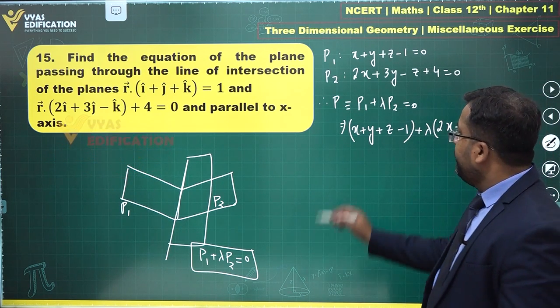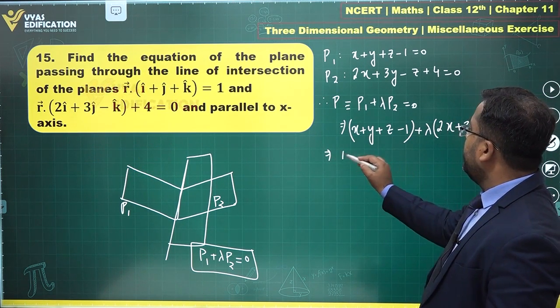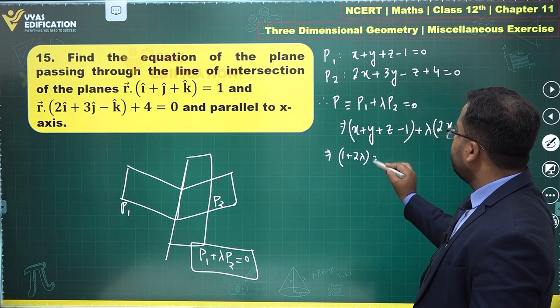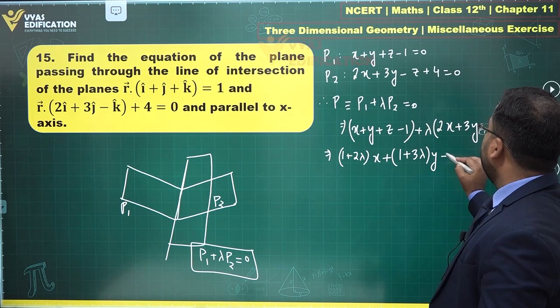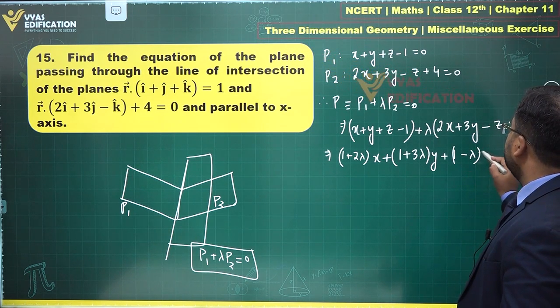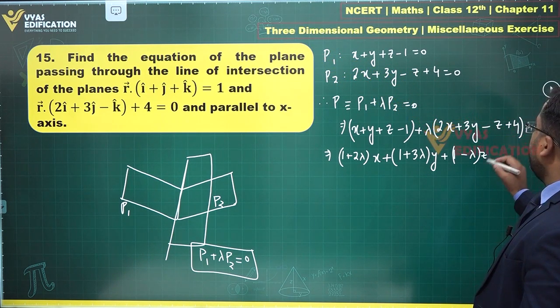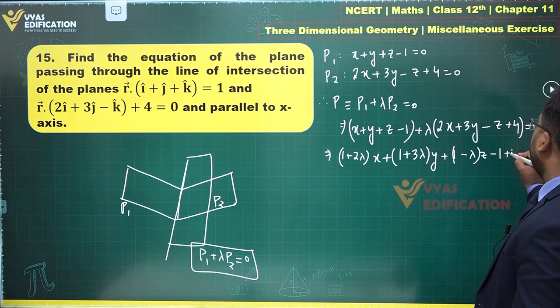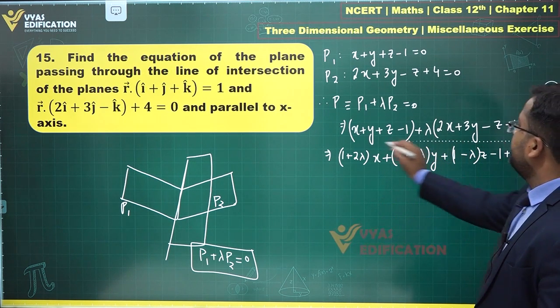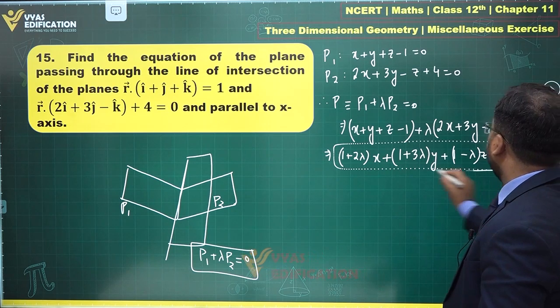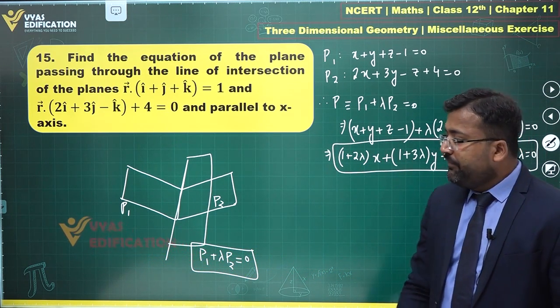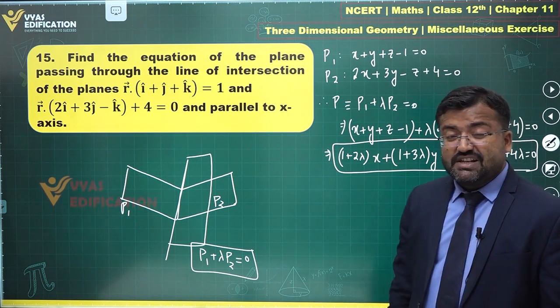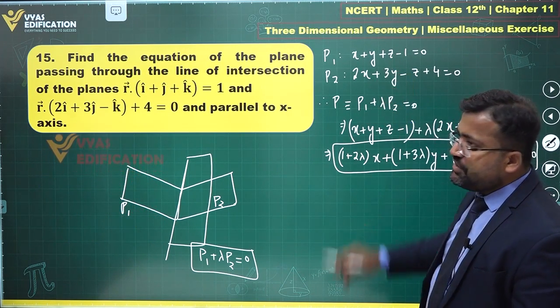This is what you have, and this will become 1 plus 2 lambda x plus 1 plus 3 lambda y plus 1 minus lambda z minus 1 plus 4 lambda is equal to 0. This is the equation of this plane, right? P1 plus lambda P2, which is passing through the line of intersection of P1 and P2.